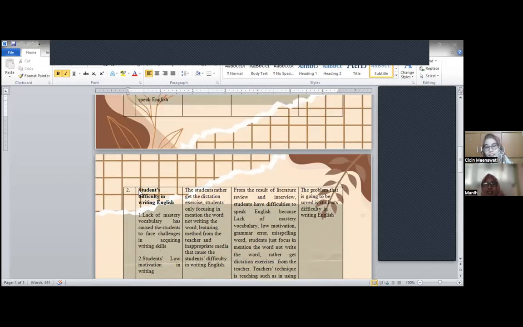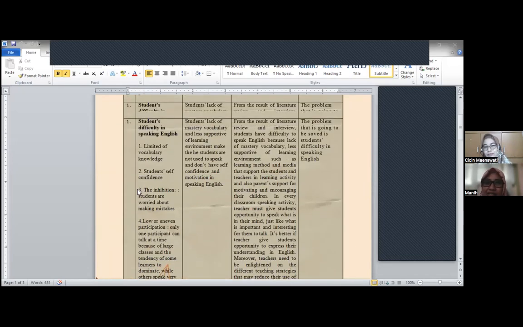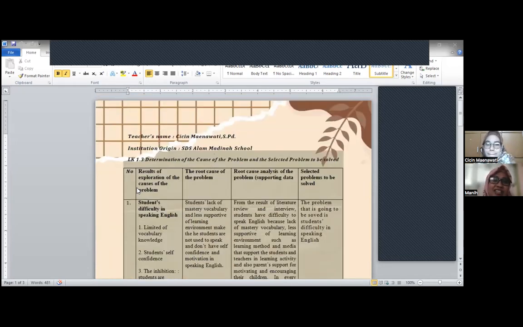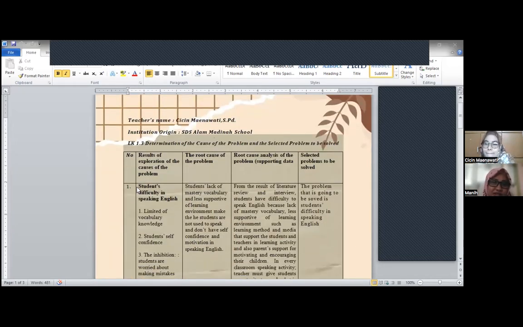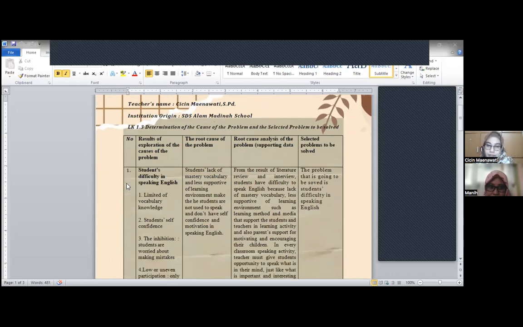Okay. Yes, Mr. Ian. The last time I wrote two, but the problem I haven't done. I only wrote two, but it should be for the column one. Maybe I missed it. Okay, so for the first column here, it should be based on the result of exploration of the cause of the problem. You're going to take this from the previous student worksheets, right?